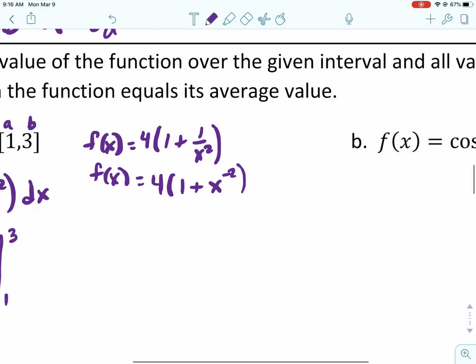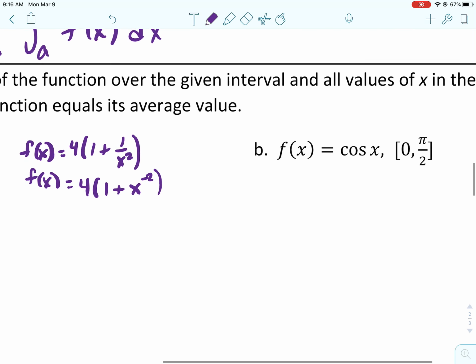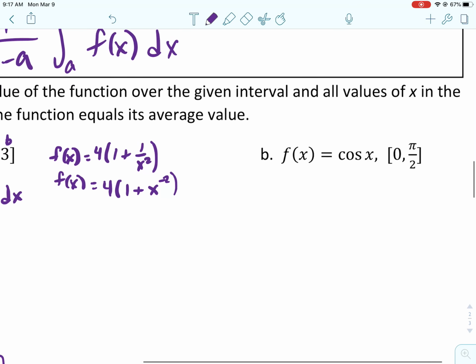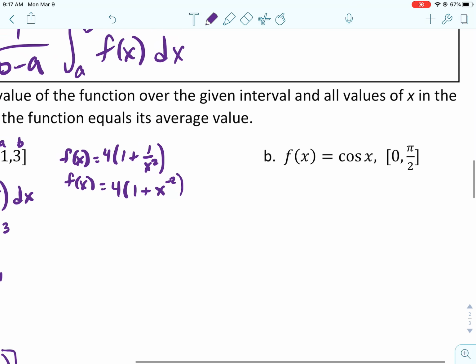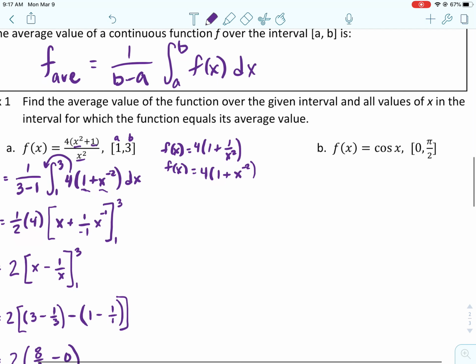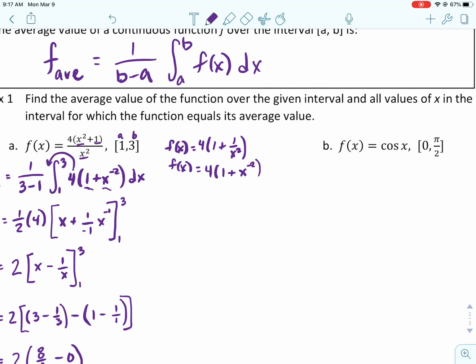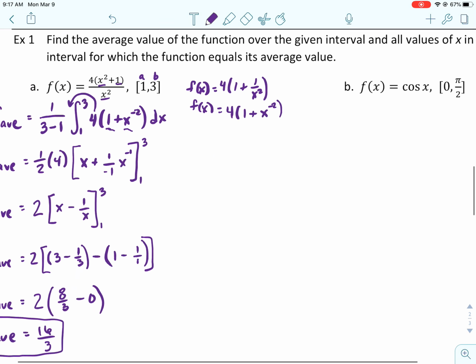Okay, the second part of this problem asks us to do something else. And there is a mean value theorem for integrals. It's not listed as a topic for the AP test, but we did the mean value theorem before with derivatives, and it was saying that the function is continuous, there's a point where the average rate of change equals the instantaneous rate of change.